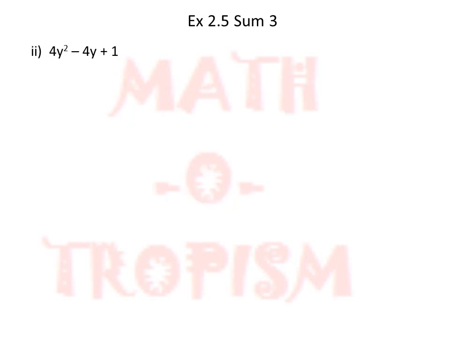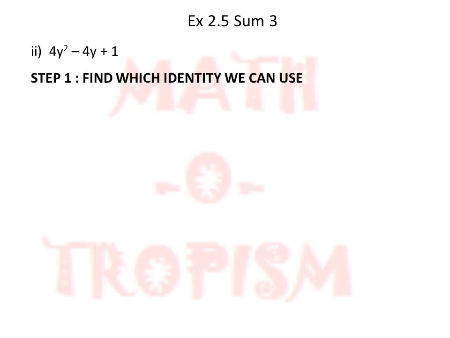The next one is 4y square minus 4y plus 1. Here also we have 3 terms in which squares are given. One we can assume as 1 square. So we have an x square term and a y square term kind of sum, and the middle term is 4 into y into 1 we can assume.